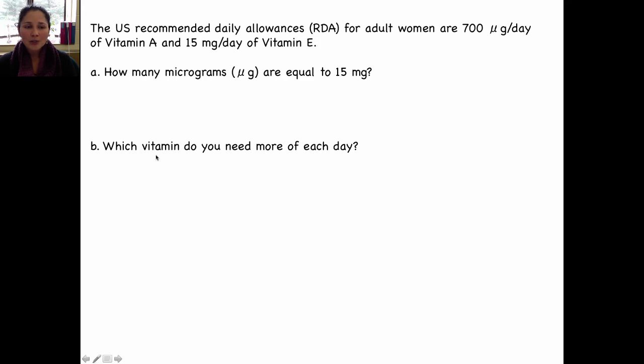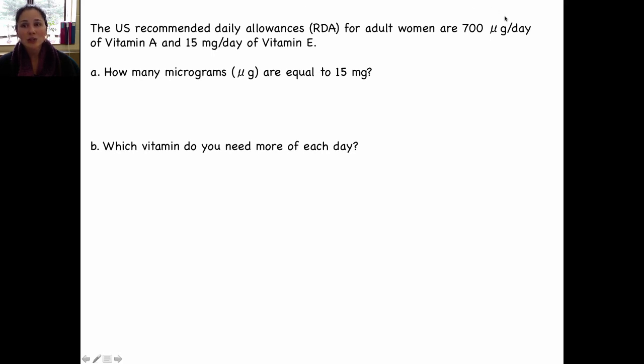Now, to know the answer to question B, it's important that you are able to directly compare these amounts, 15 milligrams and 700 micrograms. To compare amounts, you need to put them into the same units. So you would either need to convert micrograms per day into milligrams per day, or vice versa.